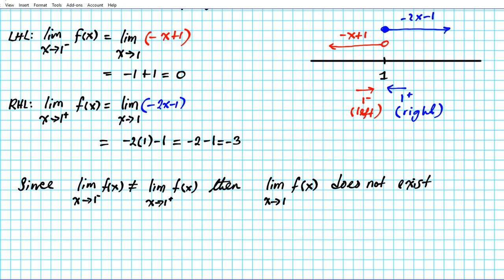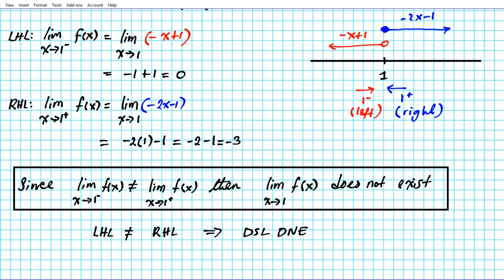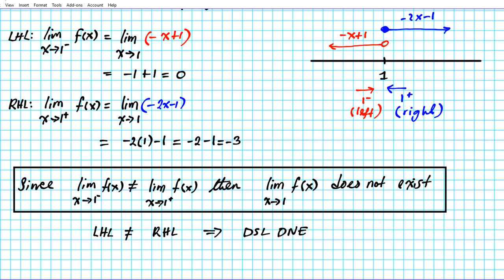Okay, so in shorthand we have the LHL, left-hand limit, is not equal to the RHL, right-hand limit, which basically implies that the double-sided limit does not exist. Okay, so this, ladies and gentlemen, is the answer to question number 1.